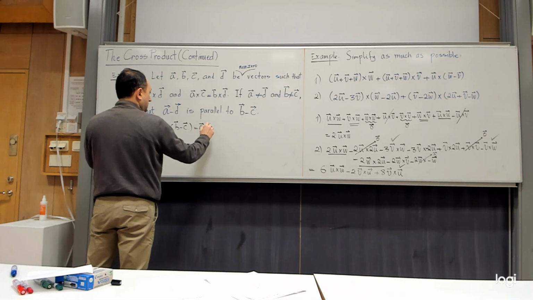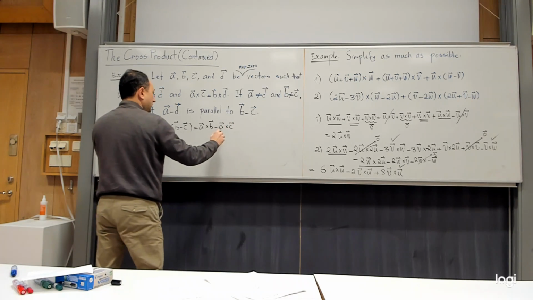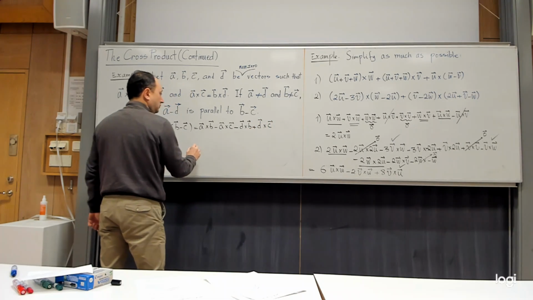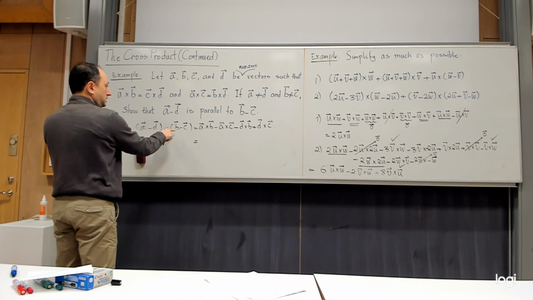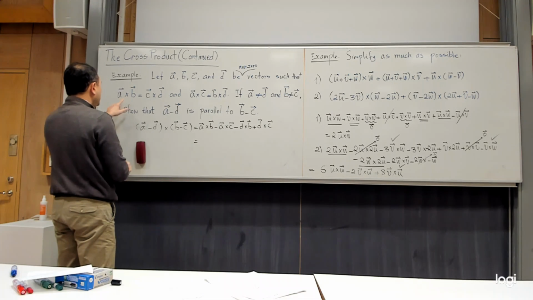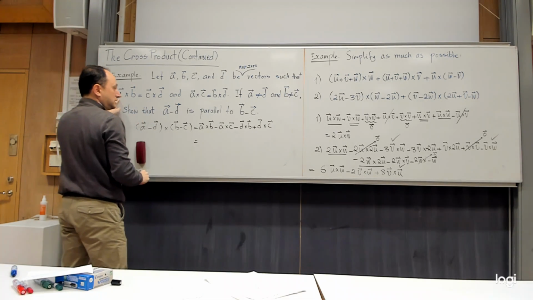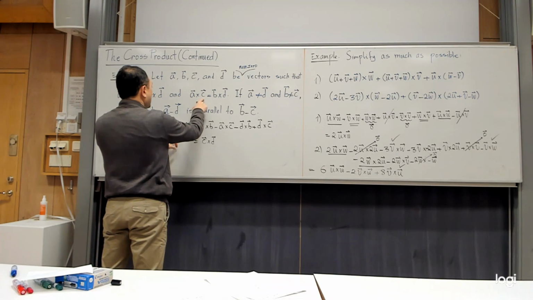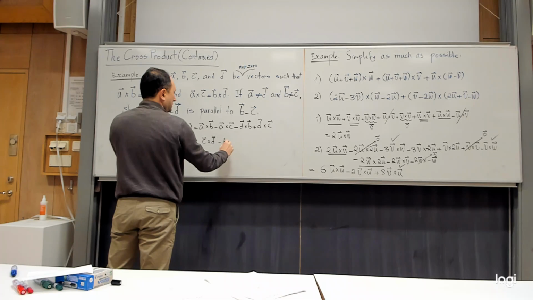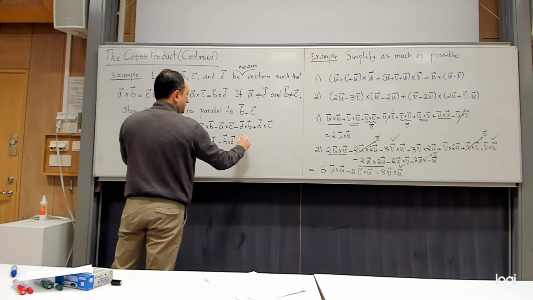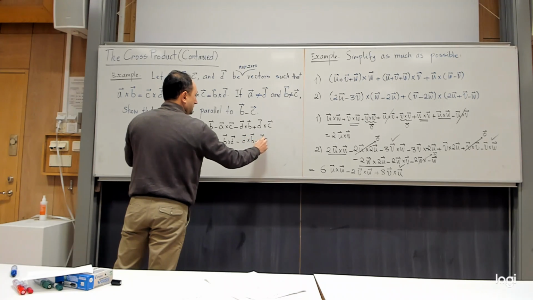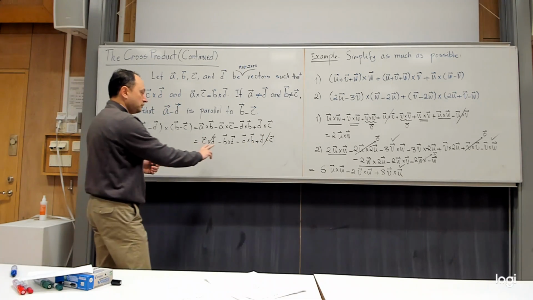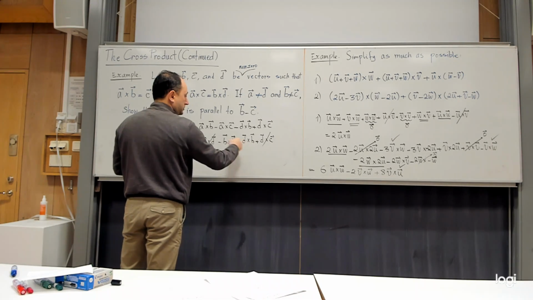I can write A cross B minus A cross C, and then I have minus D cross B, and then it becomes positive D cross C. But then I have one assumption that A cross B is the same as C cross D. So instead of A cross B, I can write C cross D. And then instead of A cross C, I can write B cross D, so it becomes minus B cross D. And then the rest of it is minus D cross B, and then plus D cross C. But then immediately you can see this one and that one are cancelled because they have different directions, and this one is also cancelled with this one, because if I interchange this, it becomes positive and they will cancel.